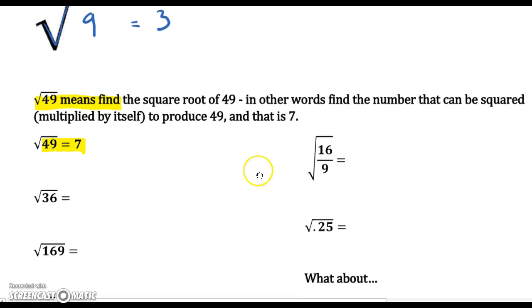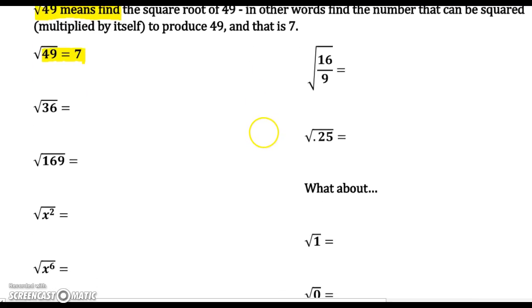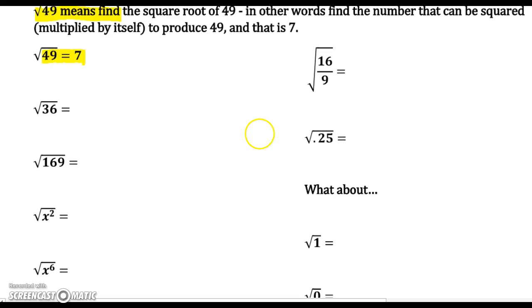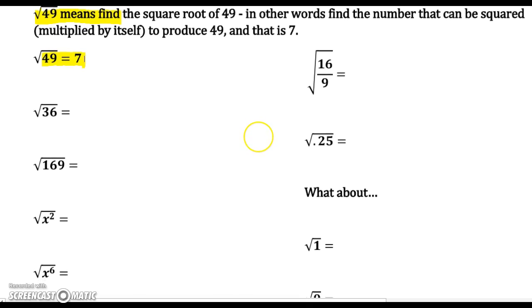The square root of 36. Again, what number multiplied by itself gives us 36? The answer in this case is going to be 6. And we can check that by going 6 squared, and that's 6 times 6 to get 36. Okay, the square root of 169.